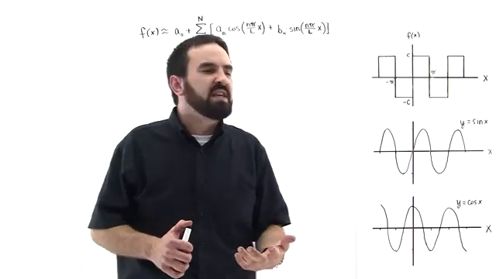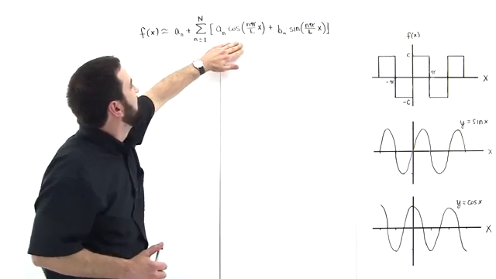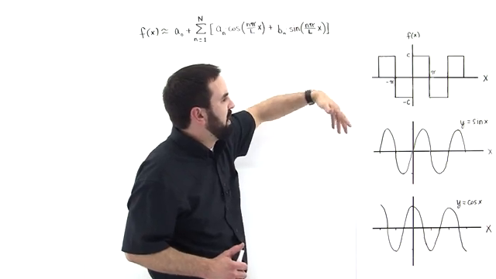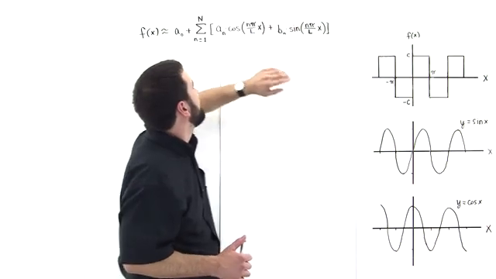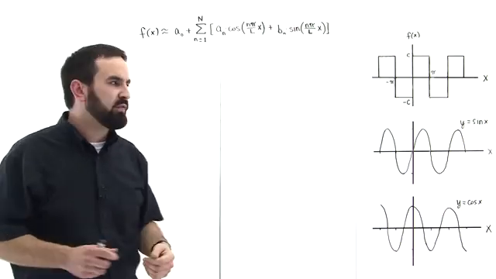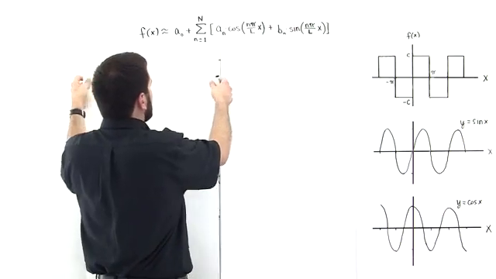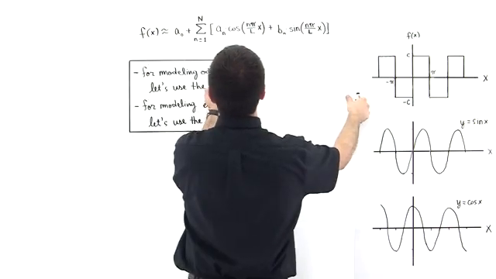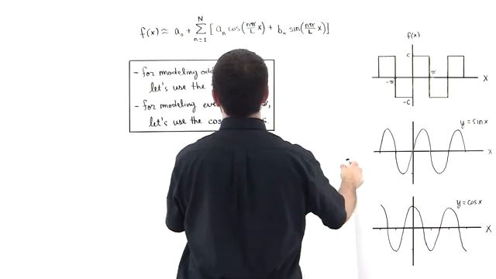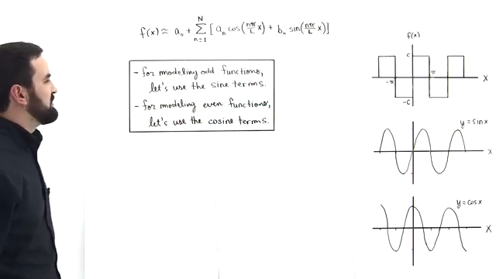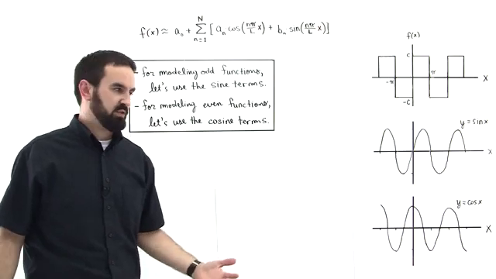So if we were using these terms here in our mathematical model that we're used to model this, these cosine terms would be working against us. So we conclude the following. For modeling odd functions, let's use the sine terms, the sine function.